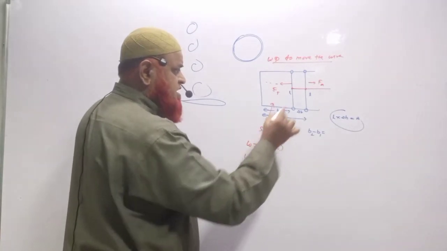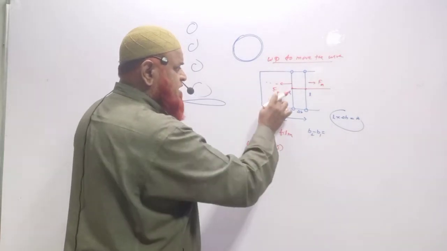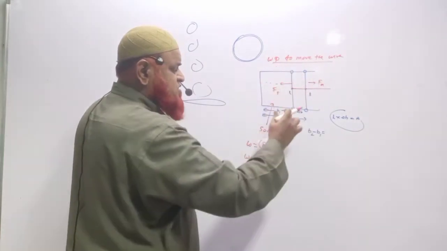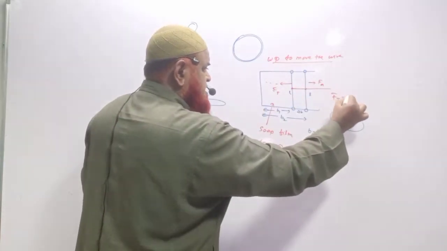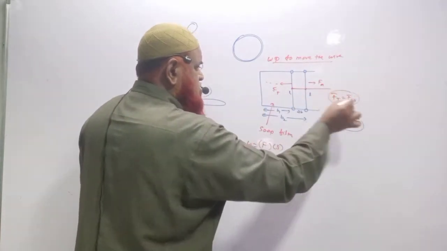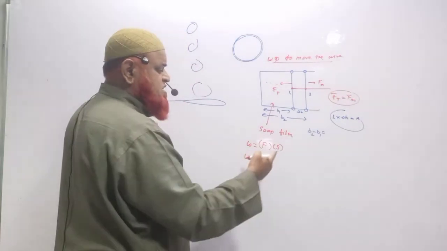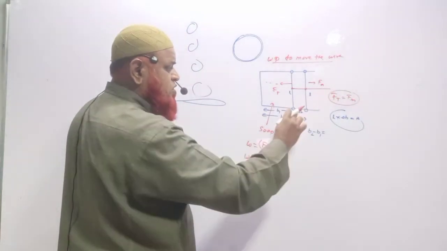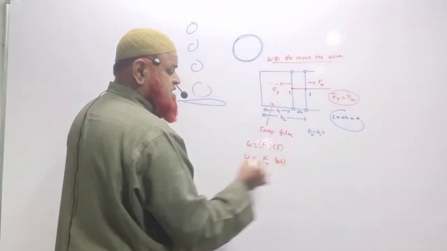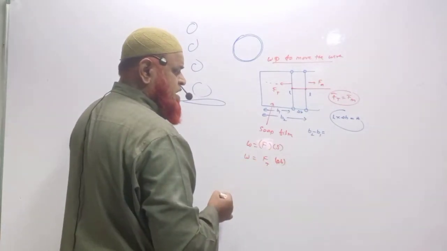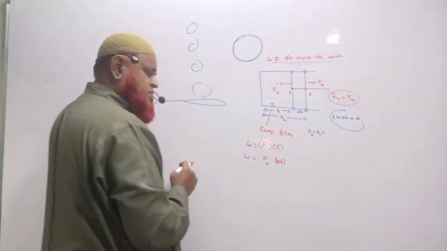So what is the force here? Force is nothing but you are applying the force against the tension here. In the opposite direction of the tension you are applying a certain force. Both are the same. So force due to tension, and the displacement moved. How much is the displacement moved? Delta B. Delta B is the displacement here, because B2 minus B1 is delta B.